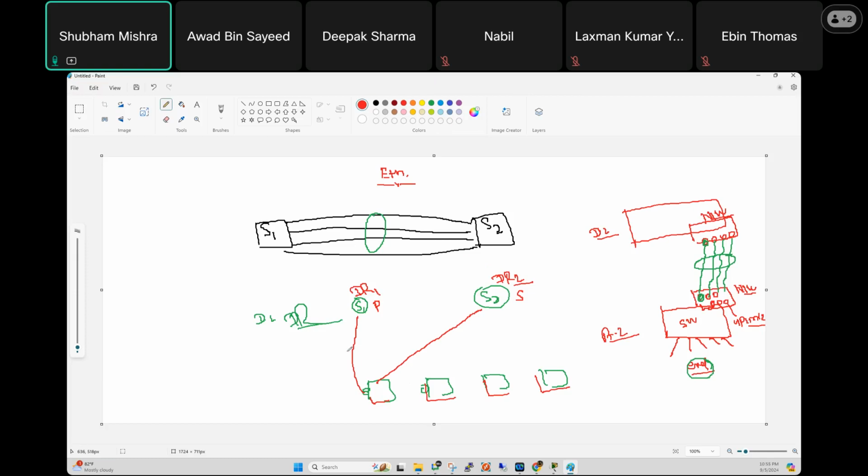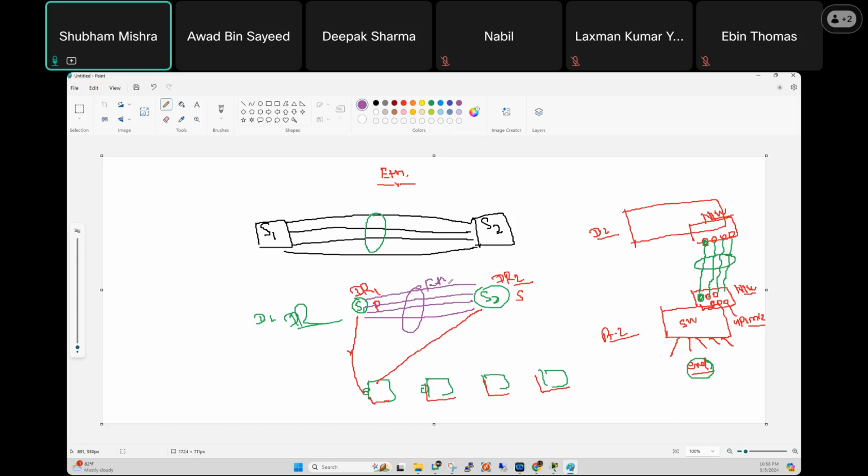Now, one more thing. If this link fails, you have the other link. But guys, between the DRs, again there will be connectivity. For example, between the DRs, how many links are there? 4 links are there. Getting my point? Again, here what do we use?